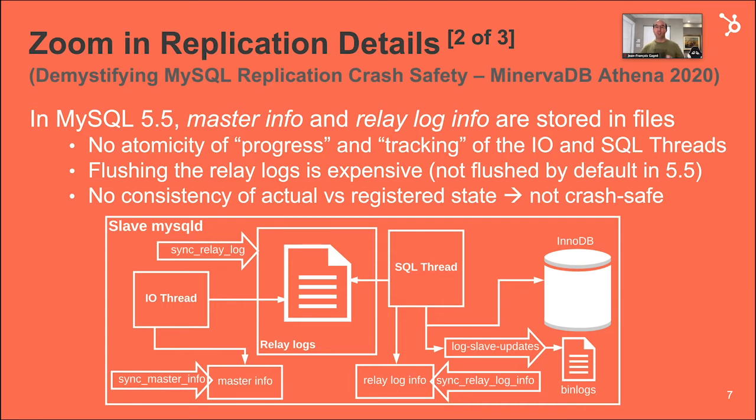If we flush the relay logs every time the IO thread reads a transaction, it's quite slow. So we don't do that. But it means that after a crash, the relay log might not match exactly the state that they were in before the crash. So for all those reasons, MySQL is not replication crash safe in 5.5.